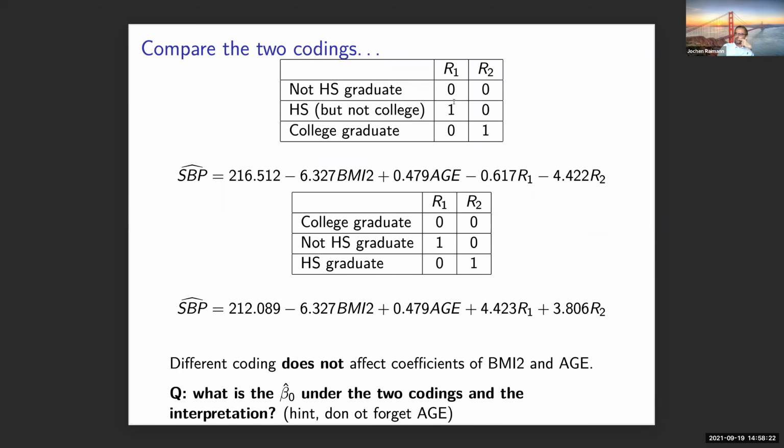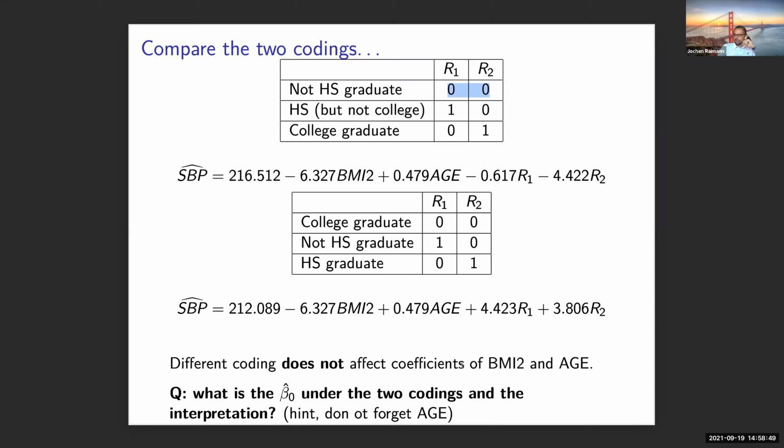So yeah, this is essentially what I said, right? It's different reference groups that now allow you to interpret this differently.